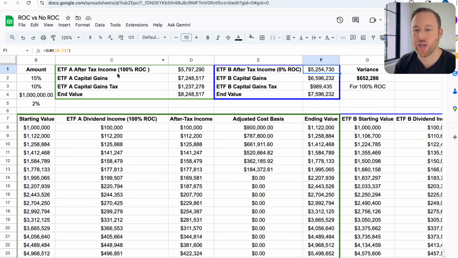And guys, if I were to change this to a million, this is where it really starts showing a big impact, because the variance between going with ETF-A, which is the 100% return of capital, versus ETF-B, no return of capital. Now we have a 652K gain with the ETF-A structure, right? So the more you can defer the taxes, effectively, the more capital you have on hand to work with and compound, right?